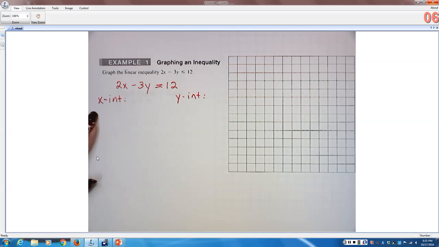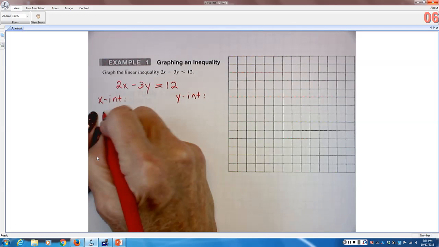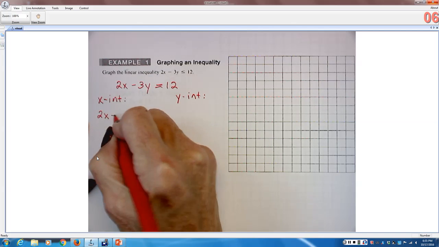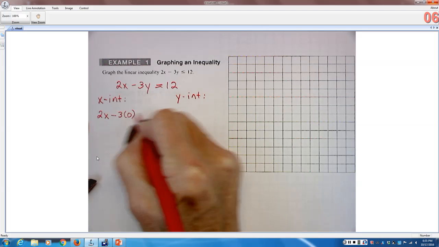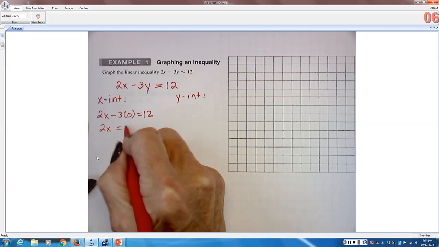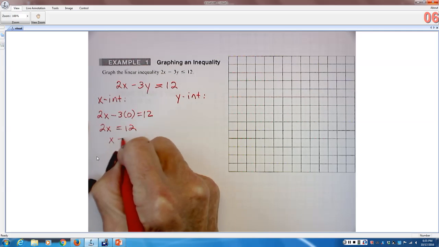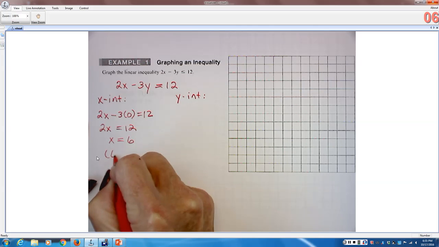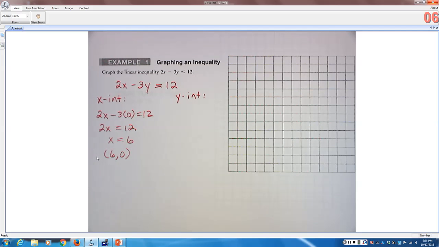If we find the x-intercept, we're going to let y be 0. And that gives us the point (6, 0). We choose to find the intercepts because they're the easiest 2 points to find.